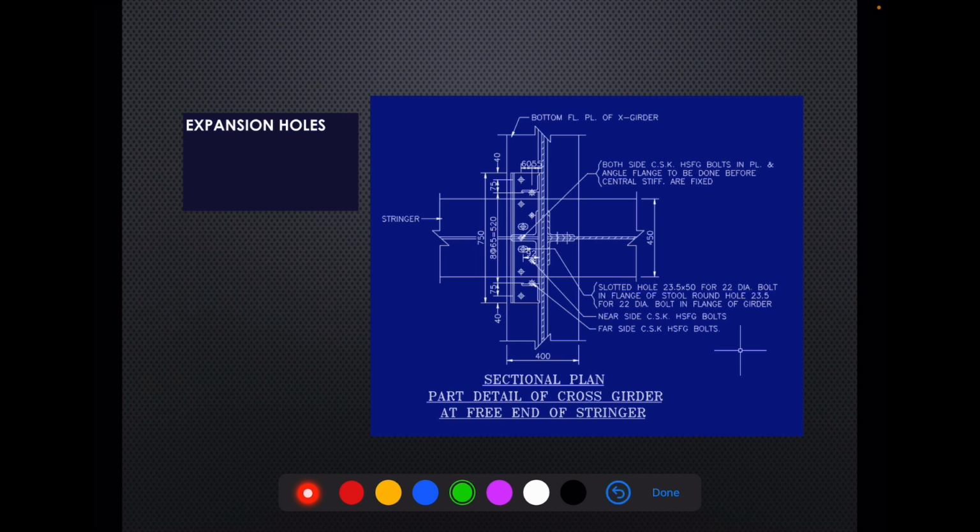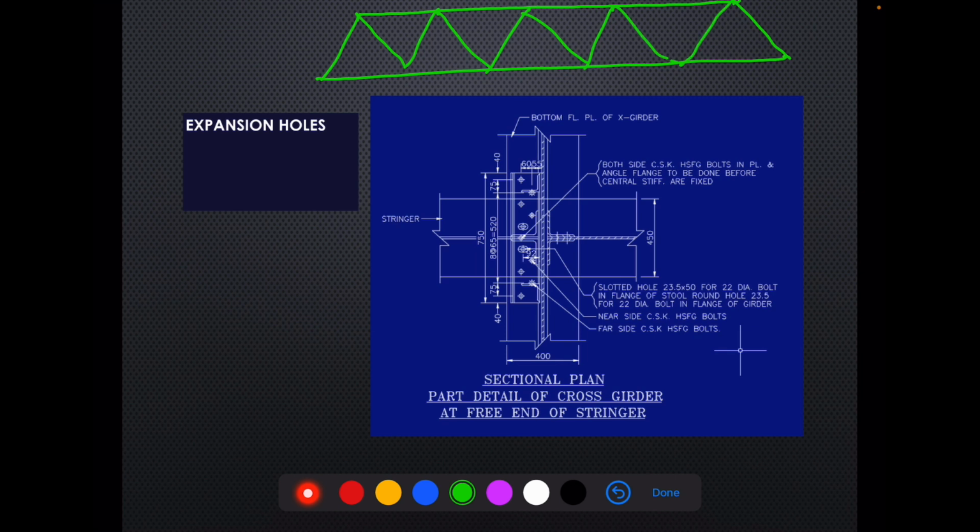So what is this arrangement? If this is a long open web girder, during temperature rise and fall, the stringers expand and contract.